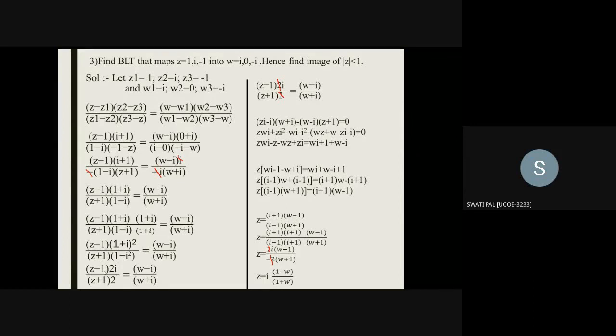By solving, we get (1 + i) whole square as 2i, and the value of (1 - i)(1 + i) is 2. So by putting the values, we get (z - 1)(2i) upon (z + 1)(2) equals (w - i) upon (w + 1). Here, 2 and 2 get cancelled.